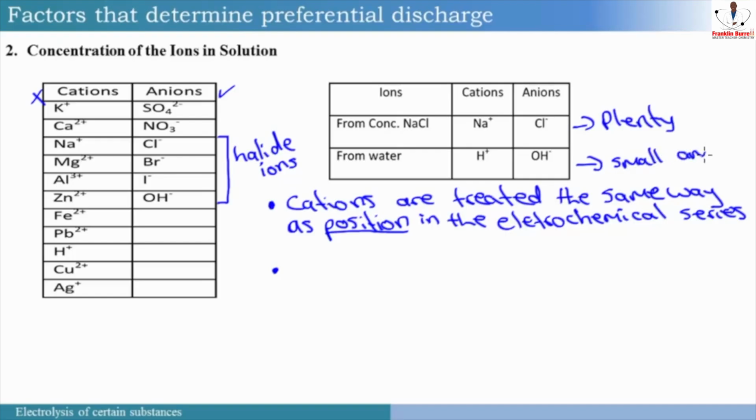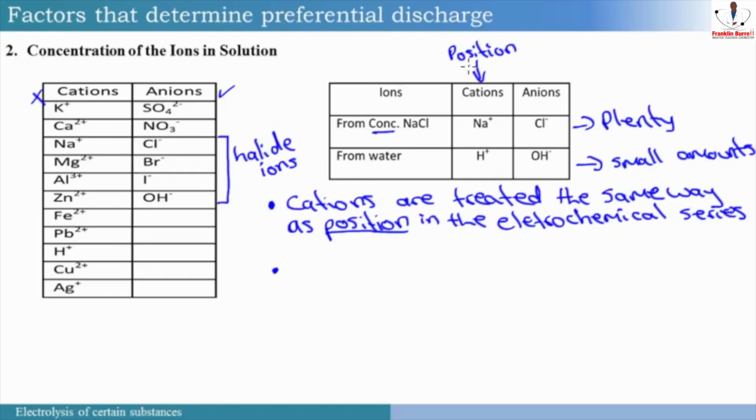So concentration means that we have a lot of Cl ions here in the case of concentrated sodium chloride. So you'll notice that we have the cations here, and over here we have the anions. But remember that we will treat the cations by the position in the series.